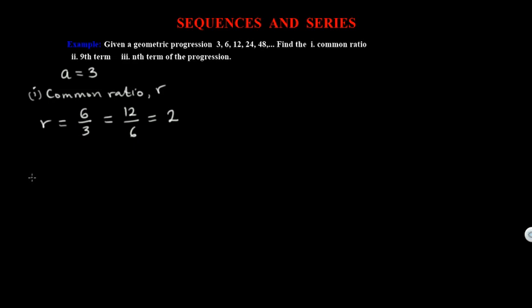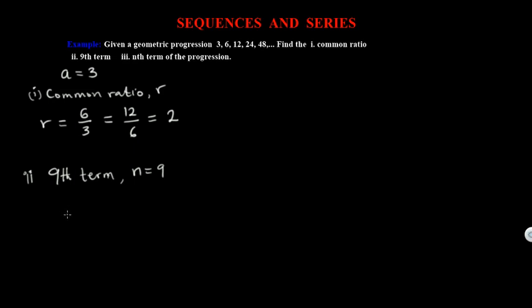Interesting. So the second question is that we should get the ninth term. For the ninth term, our n equals 9. So to solve this problem, we look at the formula.